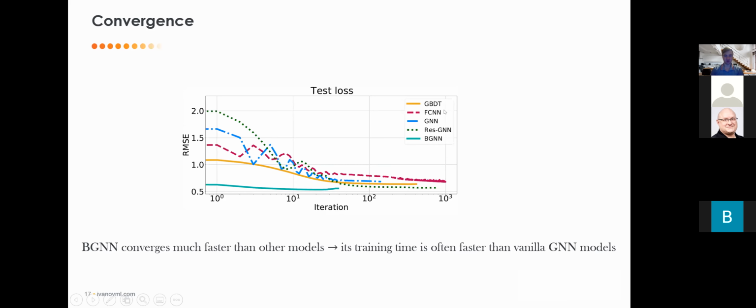For GBDT and GNN models, it usually takes hundreds of epochs, or sometimes even thousands of epochs, to converge to the optimal value. For us, because we use GBDT at first, it gives us very good performance from the beginning. And then we tune this performance with GNN in an end-to-end manner.